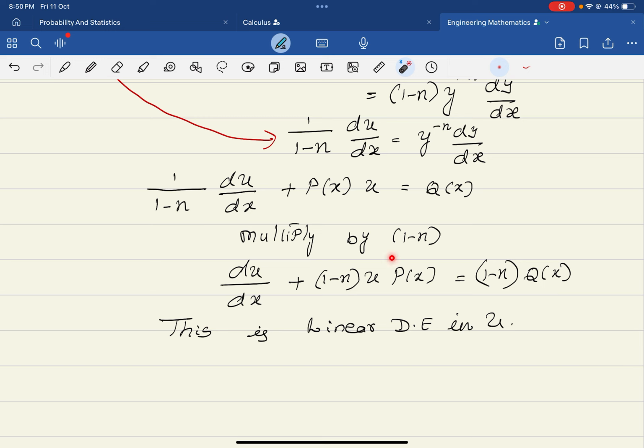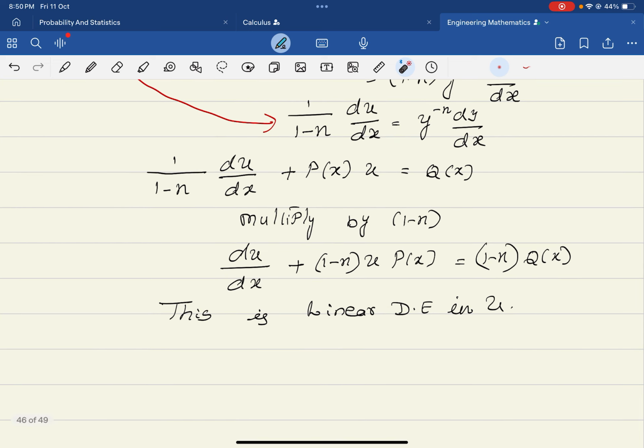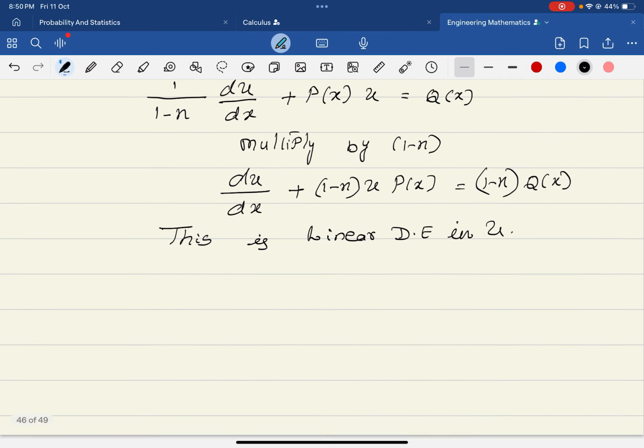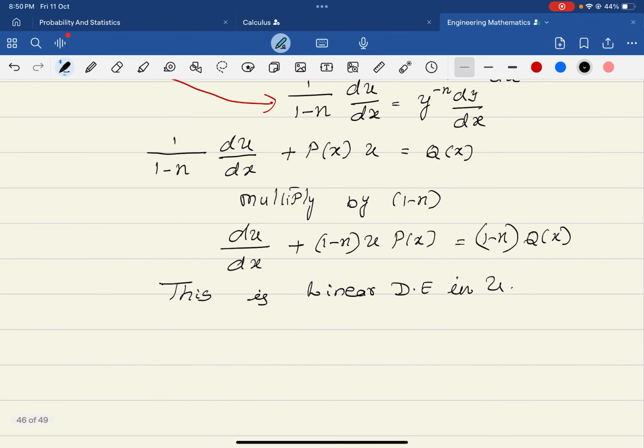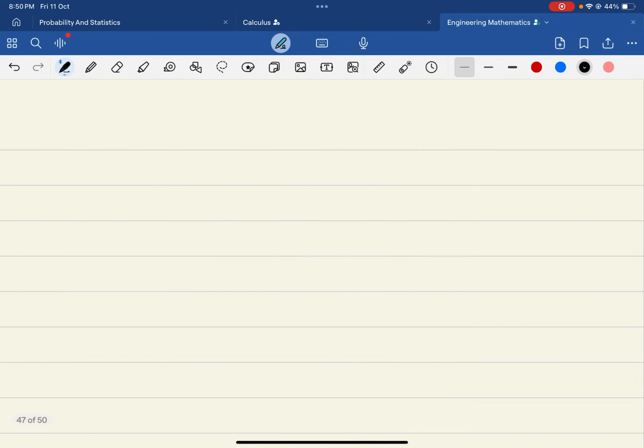Then you know how to find the integrating factor and then the general solution. This is the strategy we follow to solve the non-linear, that is, Bernoulli's differential equation. After finding the linear differential equation, we follow the same method as for linear differential equations. So let us now start with the problems.